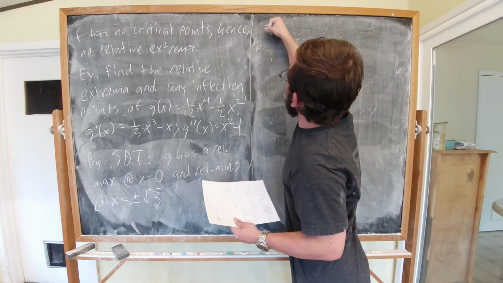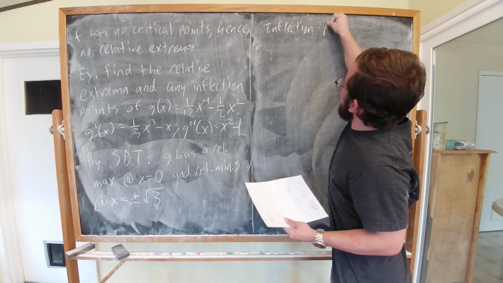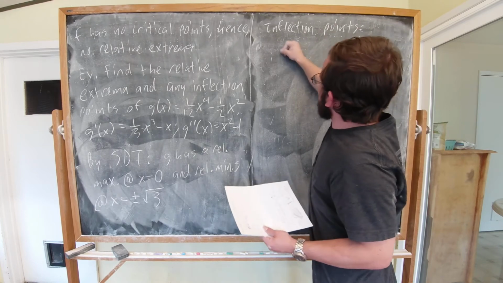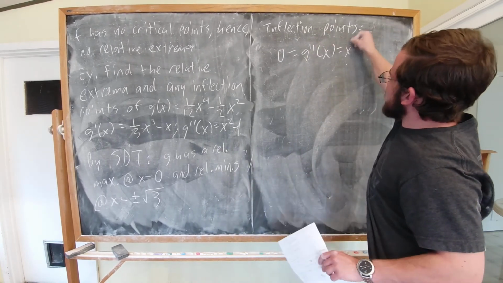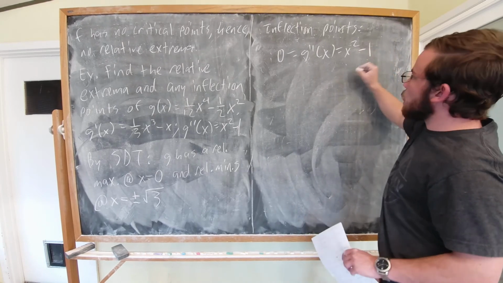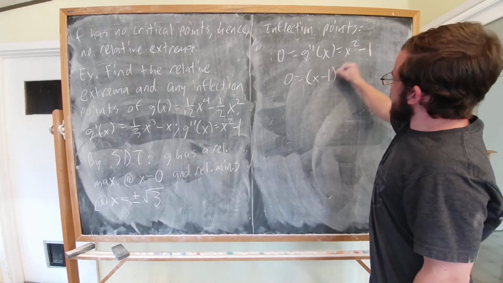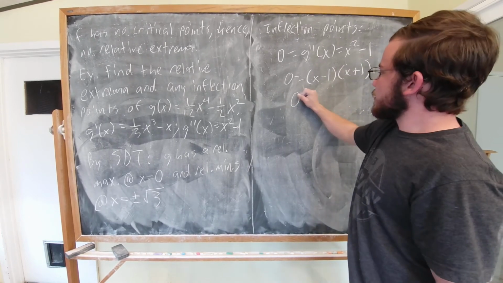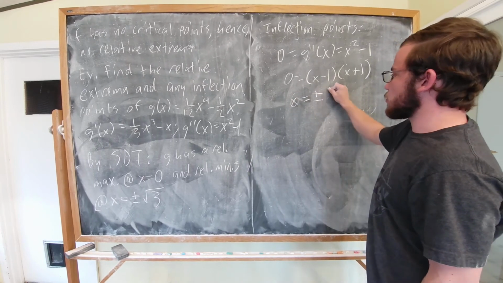So, as we go about finding our inflection points, we solve 0 equals g double prime of x, which is x squared minus 1. Okay, x minus 1 times x plus 1. So that tells you x is plus or minus 1.